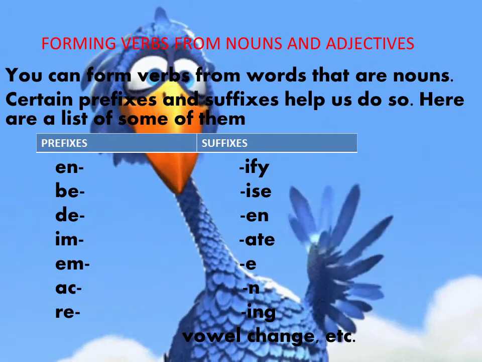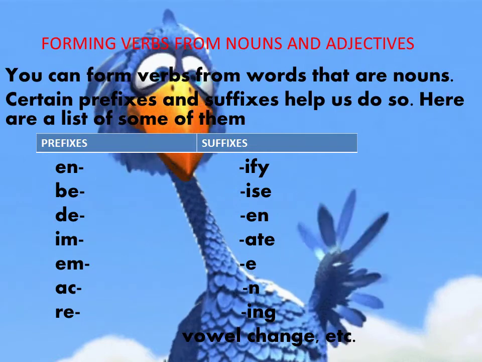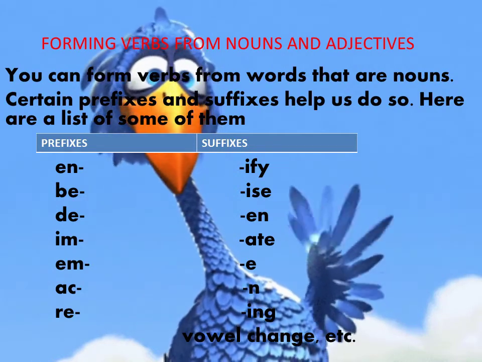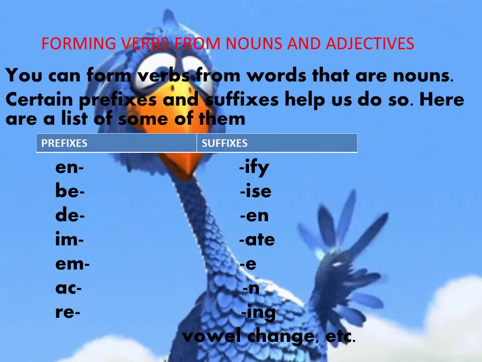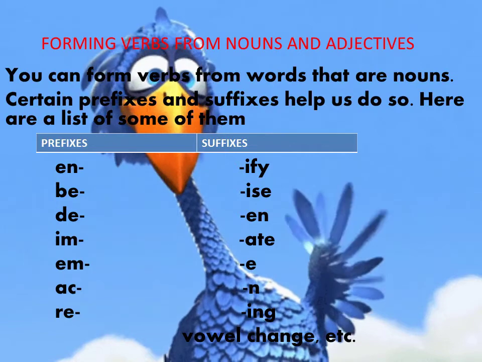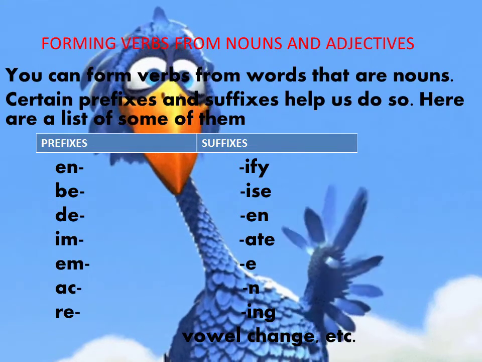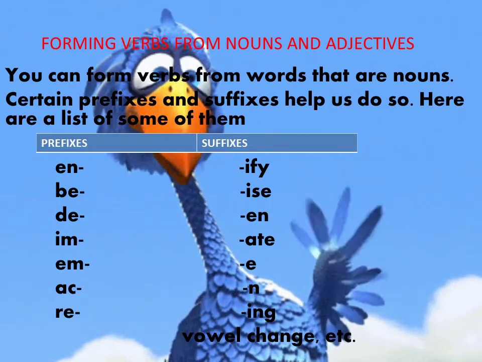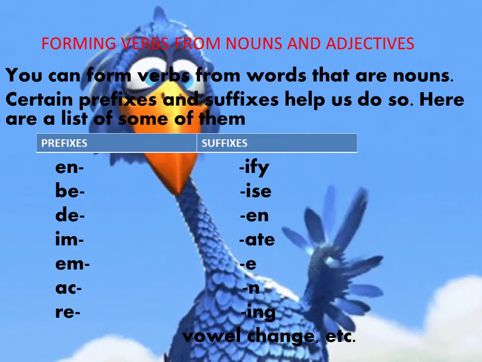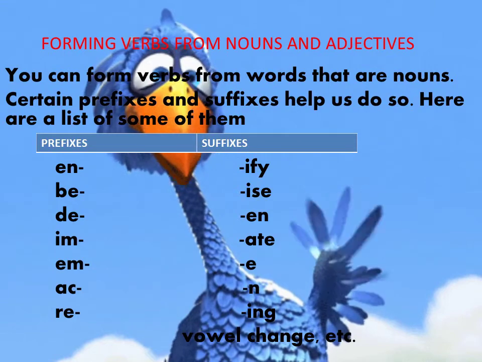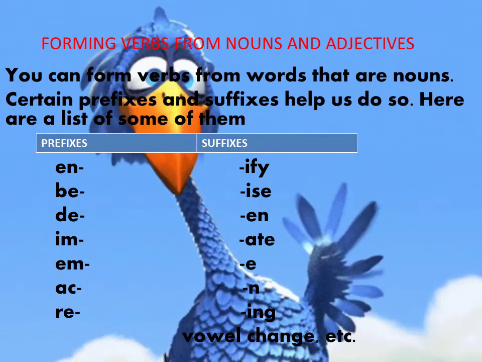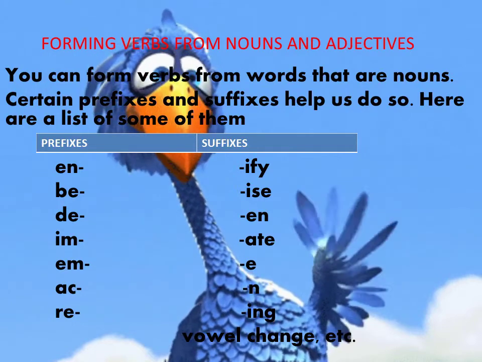Now, some of the prefixes and suffixes you will be introduced to in this lesson today, you may have heard about them in the previous lessons. So, look straight on the screen and you will find some of them. For example, on the left hand side of the screen, you would see prefixes, while on the right hand side, you would find suffixes.